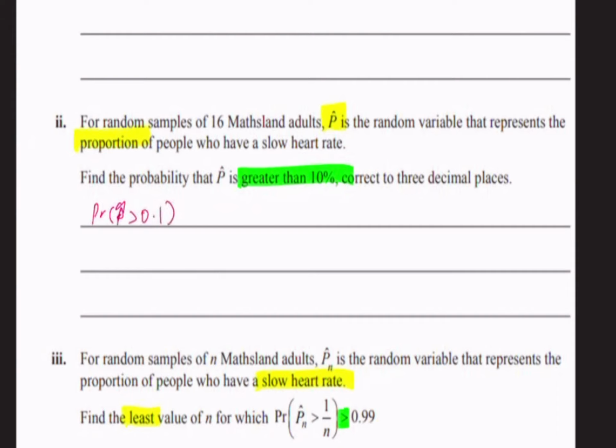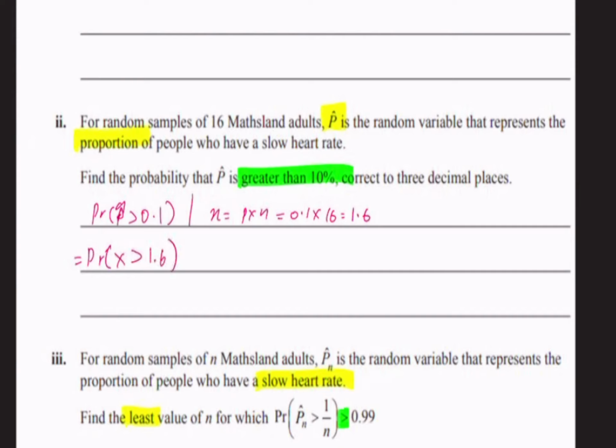But we can't find probability in terms of p hat, so we have to convert this to x. To convert it to x, we multiply by the sample size. So x is p times n, which is 0.1 times 16, which is 1.6. So this is the same as the probability that x is greater than 1.6.